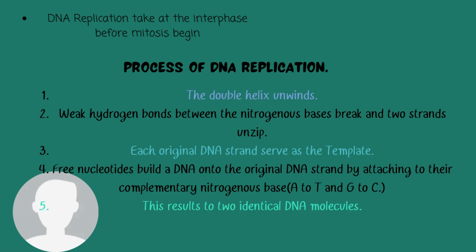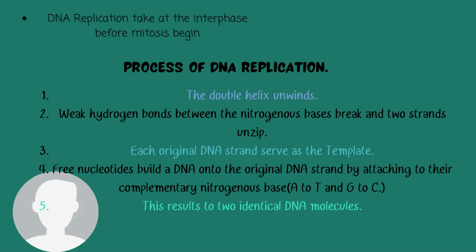So the double helix unwinds. The weak hydrogen bonds between the nitrogenous bases break and the two strands unzip. There is an enzyme known as helicase. The helicase is used to unzip the hydrogen bonds between the nitrogenous bases.